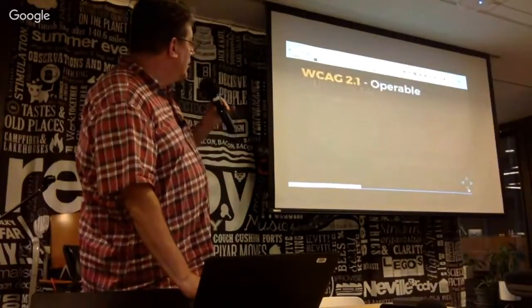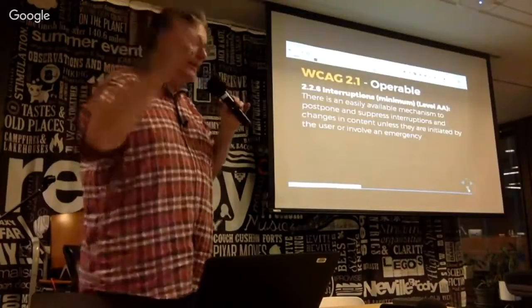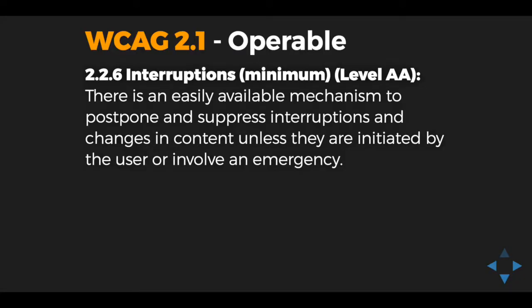So again, with Operable, there's only one success criterion in 2.1, and that's interruptions. In 2.0, interruptions is actually, I believe, a AAA. Here, they're saying AA. So if you want to be at the baseline, you have to have an easily available mechanism to postpone or suppress interruptions and changes in content unless they are initiated by the user or involve an emergency.